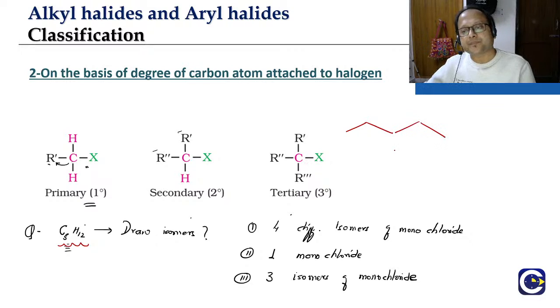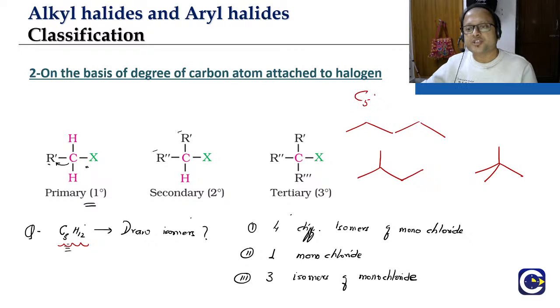One is this, one is 2-methyl butane, and the third one is 2,2-dimethyl propane. So these are the 3 possibilities of C5H12.